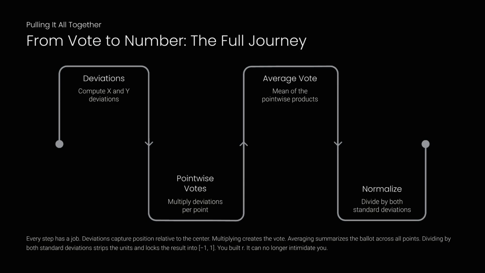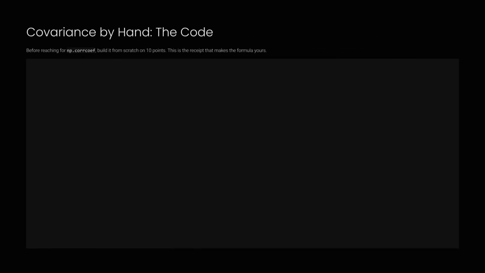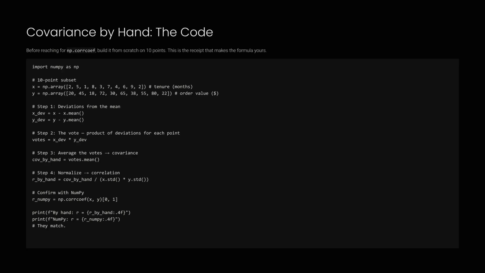Let's summarize the full journey from a data point to an R value. We calculate deviations, multiply them to get a vote, average those votes, and then normalize by dividing by the standard deviations. If you want to truly own this formula, try coding it from scratch using a small subset of points. It is the best way to demystify the calculation before using library functions.